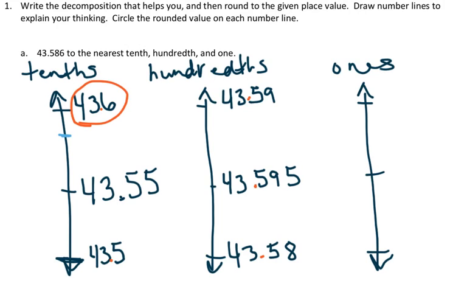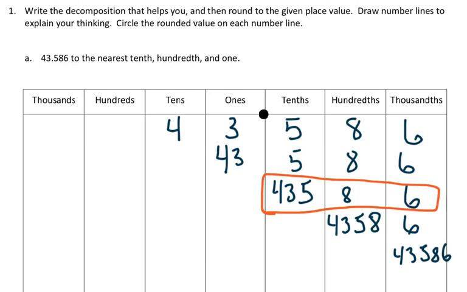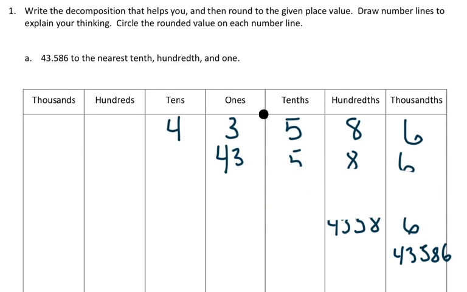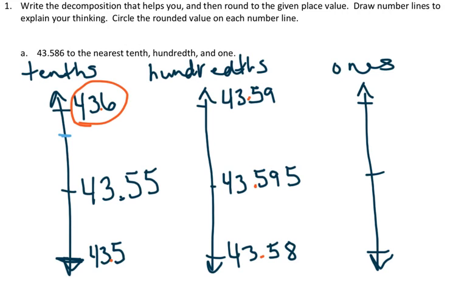If I need to refer back to my chart, I always can do that. So I'm looking at my hundredths now. And I'm going to be looking at my hundredths, which is right here. Okay. So it looks like in my thousandths place I have a 6.